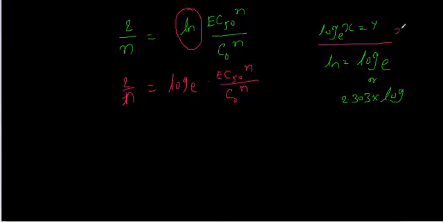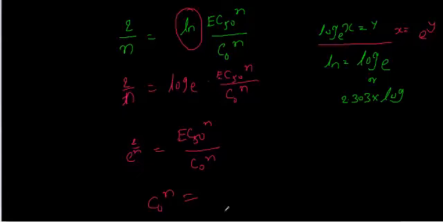As I mentioned here, if log base e of x is equal to y, then x is equal to e to the power of y, right? So e to the power of 2 by n is equal to EC50 to the power of n over C0 to the power of n. Now C0 to the power of n is equal to what?